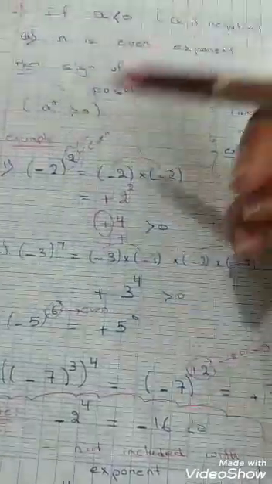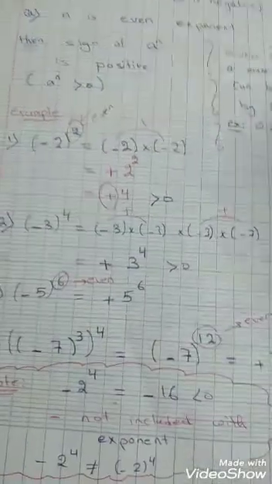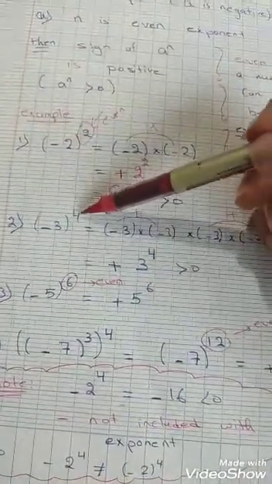In general, I won't write minus 2 times minus 2 times minus 2 every time. Another example: minus 3 to the exponent 4.